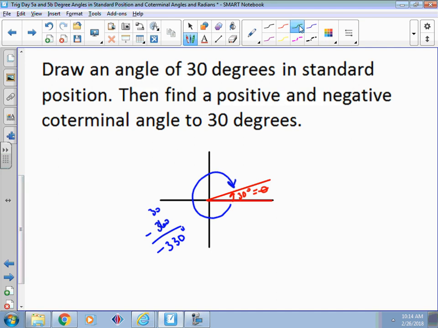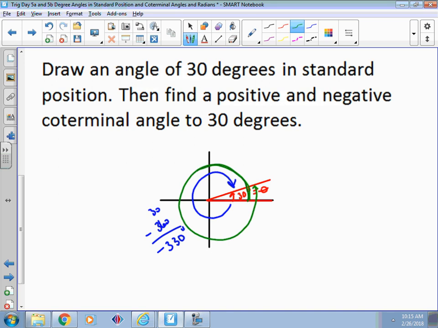So what's a different positive coterminal angle? Again, I got to start at the same side, I got to end at the same place, but now I got to open it up in the positive direction, which means counterclockwise. So that would be like this. So how big is that angle measure I just made? Well, I went one full circle, right?